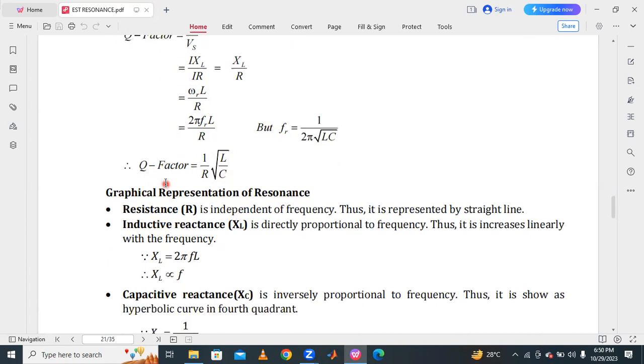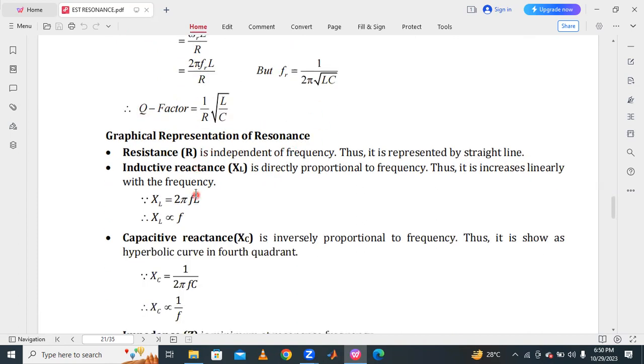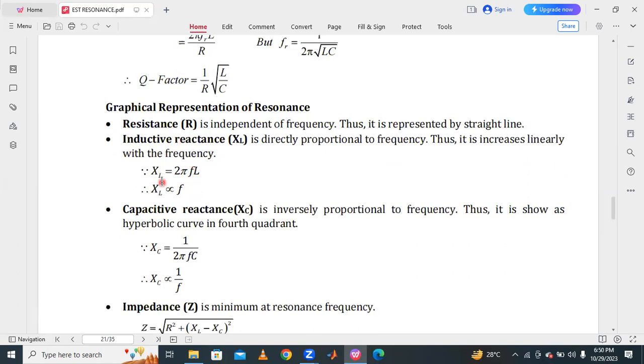Now the graphical representation under resonance condition. X_L is equal to omega L, which is equal to 2π f L, so X_L is proportional to f.